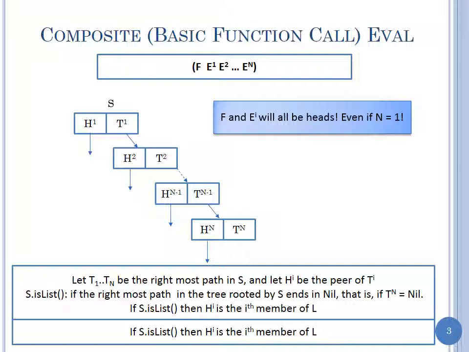The elements are never tails. Tails are the next pointer. So I saw an example on Piazza where somebody said, I evaluated on the tail and here's the issue I got. You really shouldn't be accessing tails. Even if there's only one argument to the function, even if it's a list, that will be an element inside the outer list.